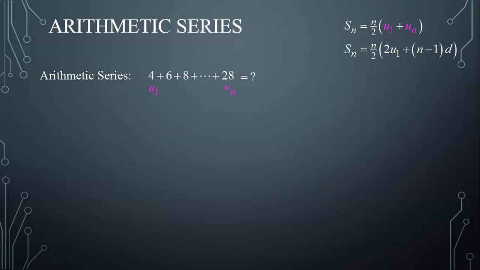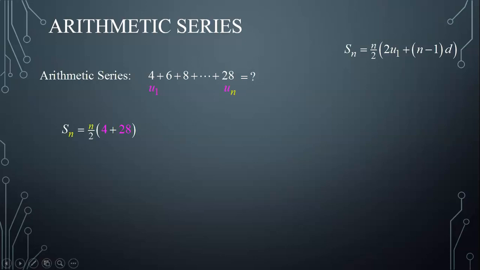Since I'm given the first term and the last term, I need to use the expression for Sn that uses the first and the last term. So I start by replacing u1 and un by their corresponding values, 4 and 28. And to find that sum, I still need to find n, the number of terms I am adding in that series.